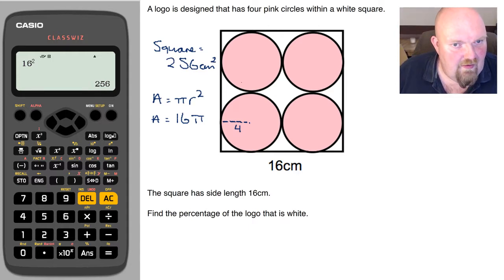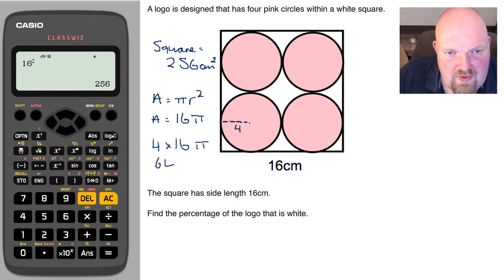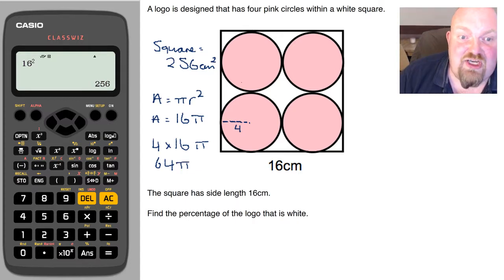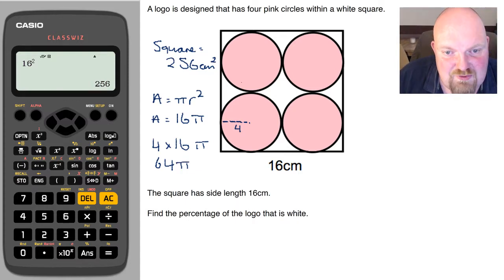So what I then need to remember is that I've got 4 circles. Okay. So I need to work out the total area of the pink, which is going to be 4 times 16 pi, which is actually 64 pi. So now I've got the total area of the shape and the total amount of pink.